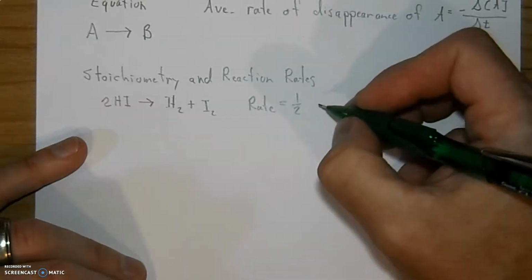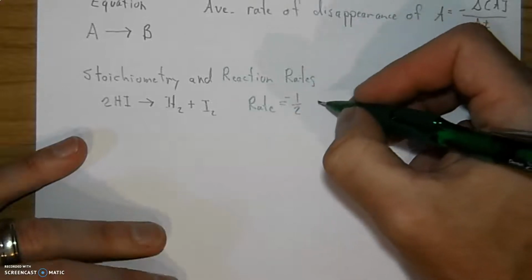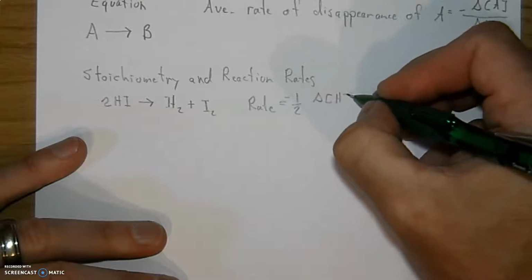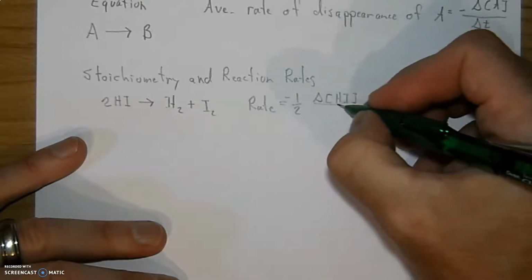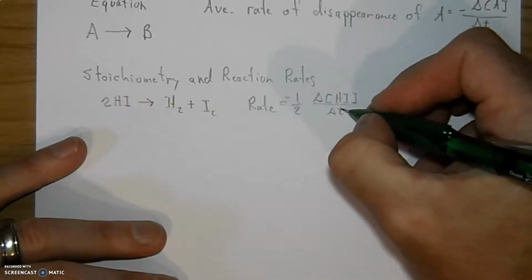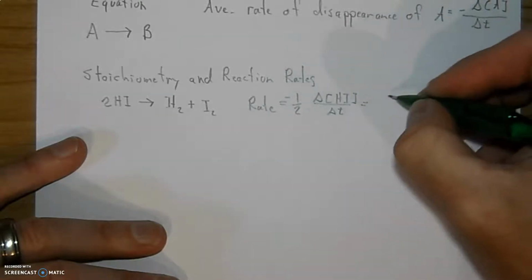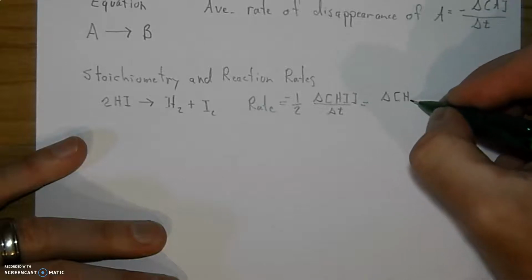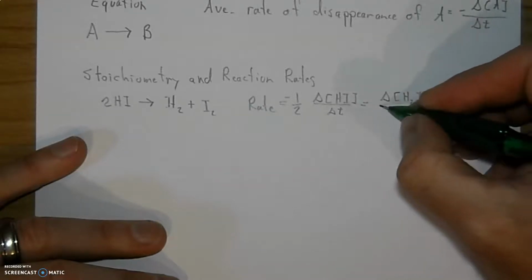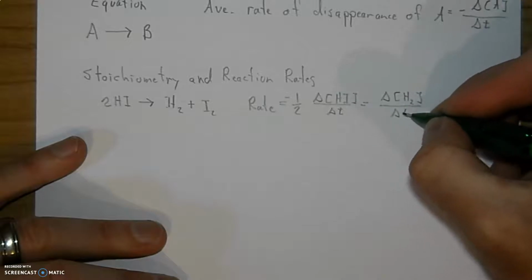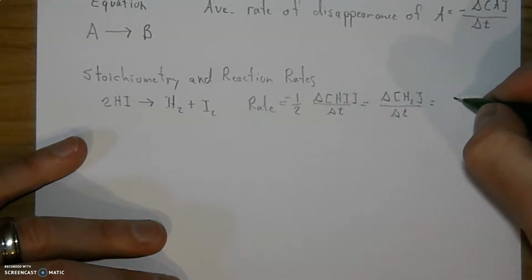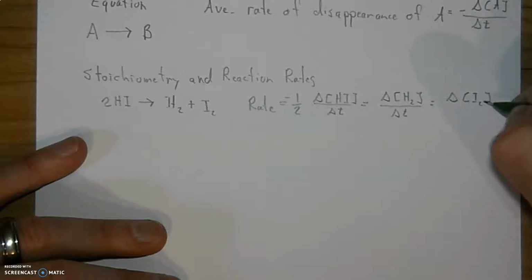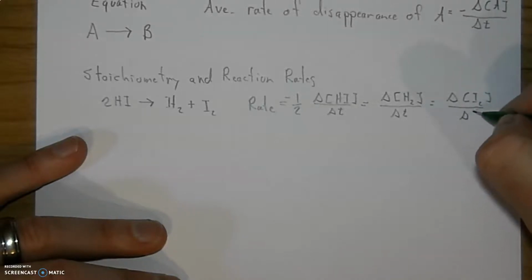So 1/2 times negative the change in the concentration of HI over its change in time is equal to the positive change in the concentration of hydrogen with its change in time, equal to the positive change in concentration of I2 with its time.